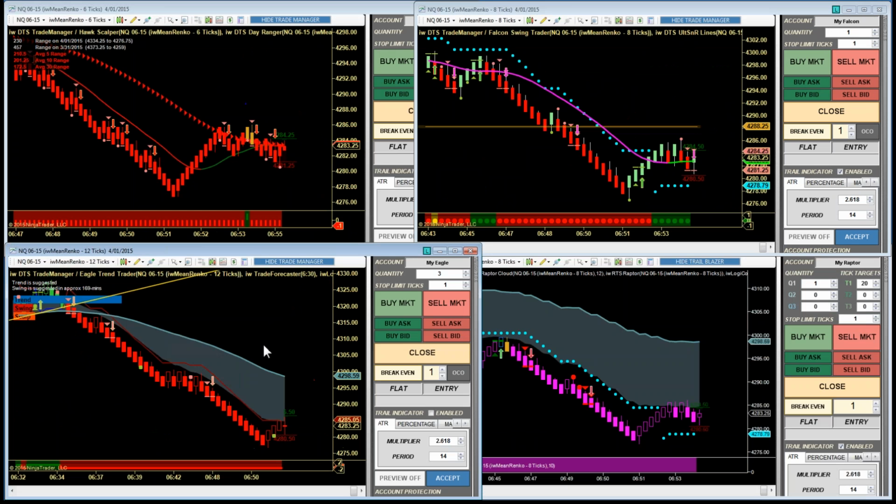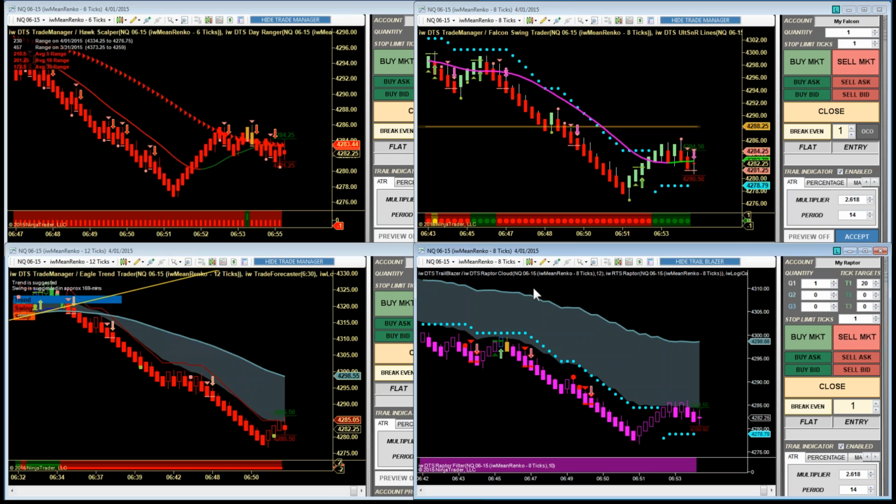Okay, well with the Eagle, it is $200 per contract. So you'll need to adjust that for the instrument you're trading. In a tool like the NASDAQ, that's going to be 40 ticks because the NQ trades at $5 a tick.